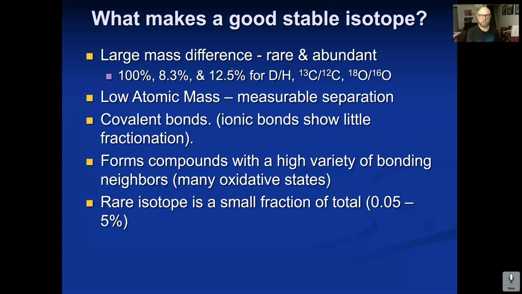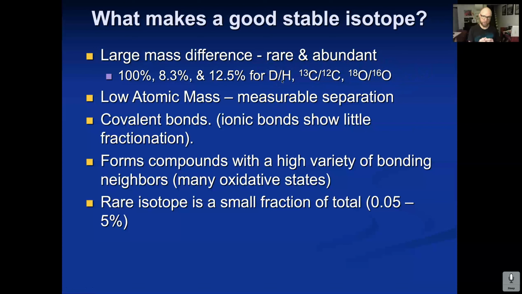So what makes a good stable isotope for us to actually use in ecology? A big difference in mass between the two atoms is really helpful. Here are listed 3 different stable isotopes. The first one is deuterium in ratio to hydrogen.